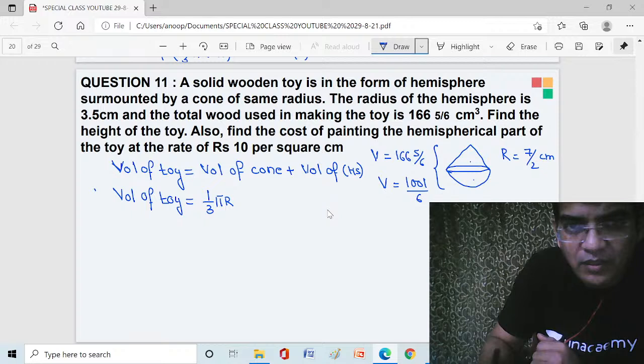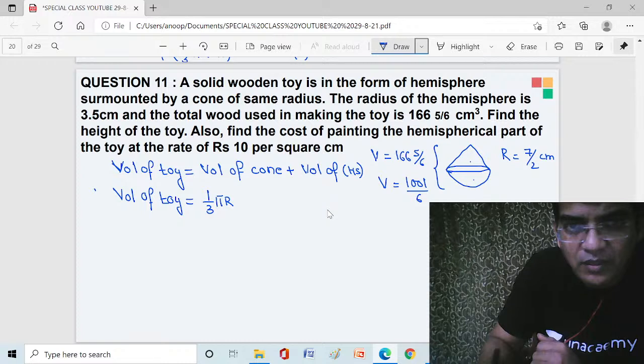First of all, you have got pi upon 3 common, right? What else can you get common? You can get r square common. So I am left with h plus 2r. So it is 1001 upon 6.